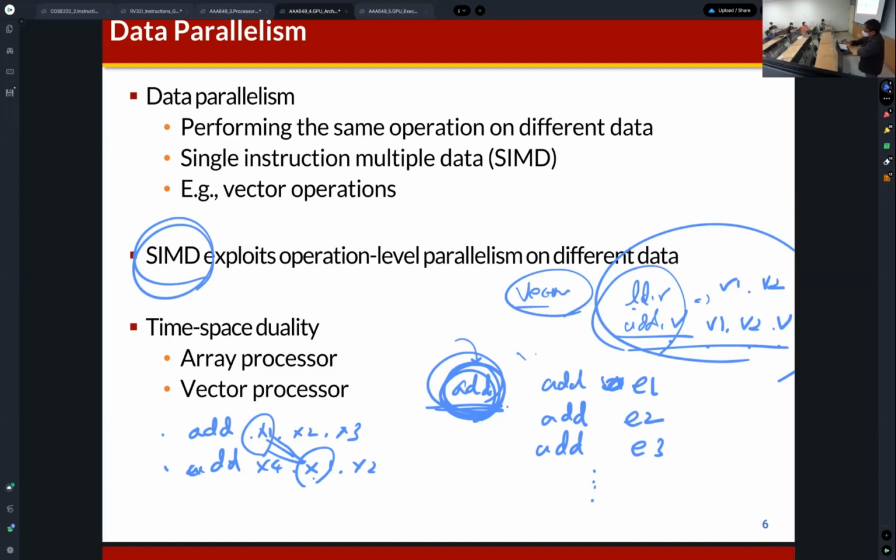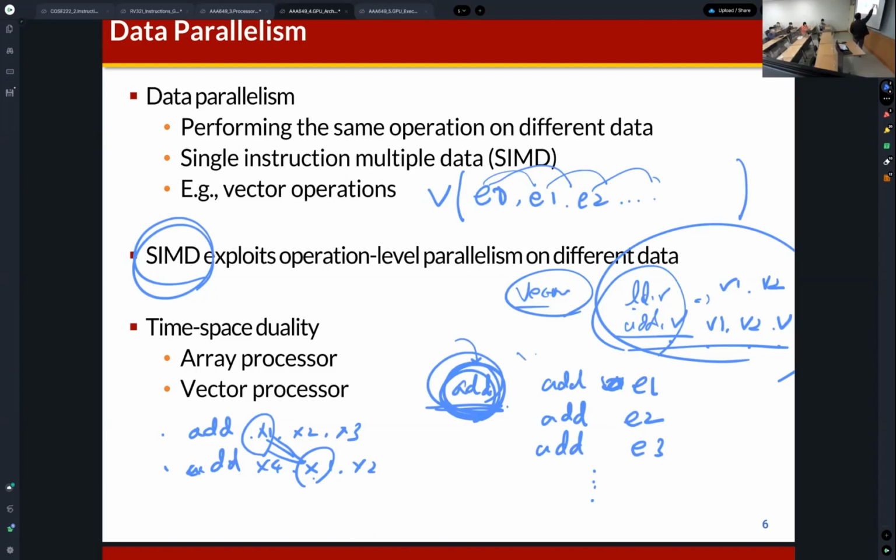But with vector type data, in a single vector we can find many elements like E0, E1, E2, and so on. In vector type instructions, we cannot find any dependencies between elements inside of a vector, right?